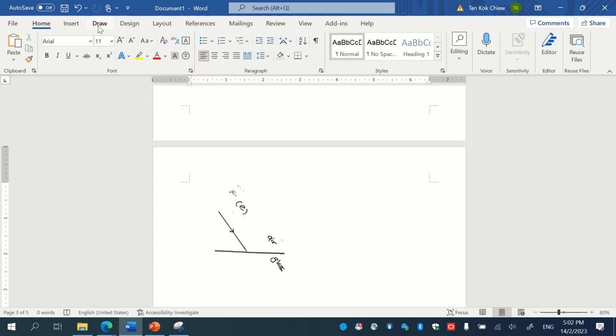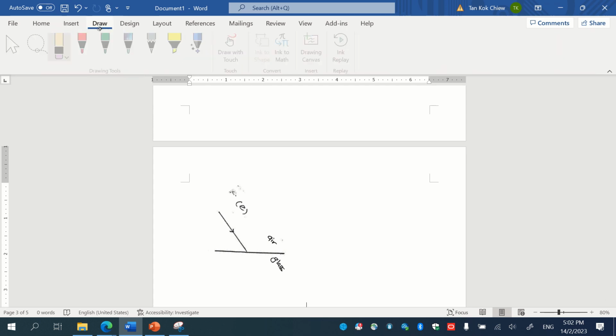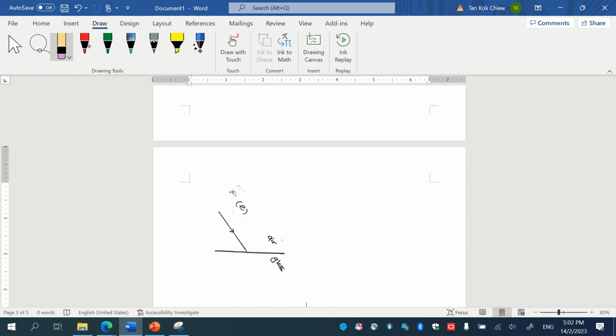Now you can start drawing your normal line first. After you draw your normal line, then ask yourself, air to glass, and which sector should it happen in? The original path is here.